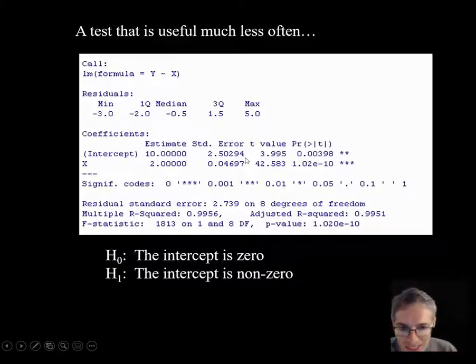If for some reason you wanted to test that the intercept was equal to 0, the logic is very similar. And again, you can go to the Nieder book to see how these numbers are calculated and what the justification for that p-value is. It's the same assumptions: independence, normality, and equal variance. So the same assumptions that guard the p-value for tests that the slope equals 0 guard the statistical test that the intercept equals 0.